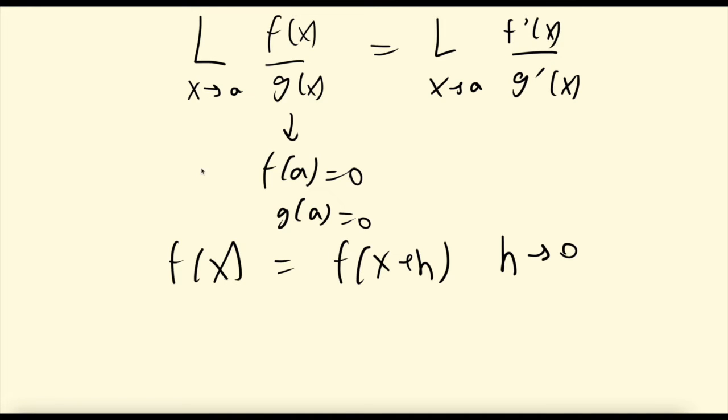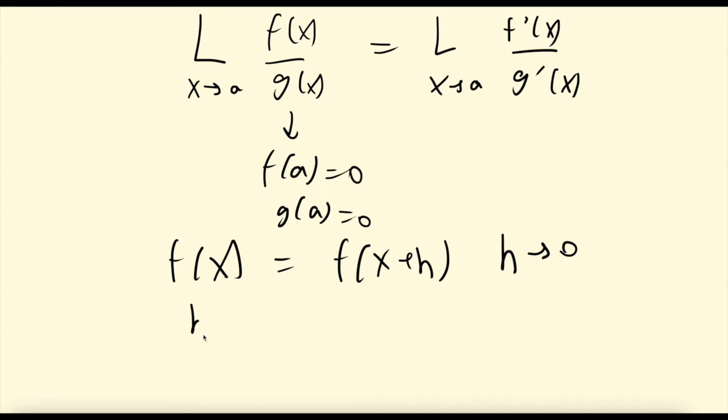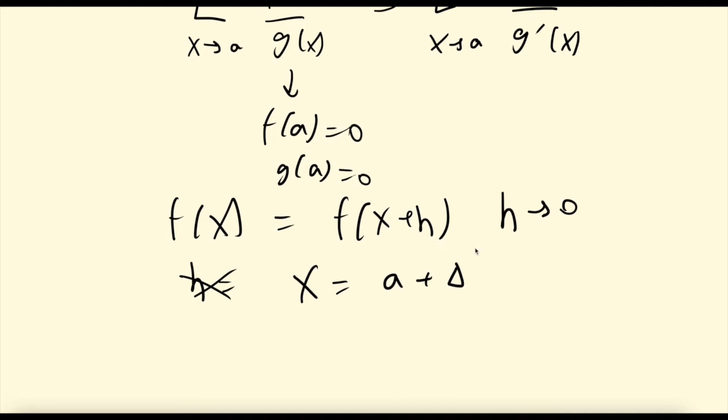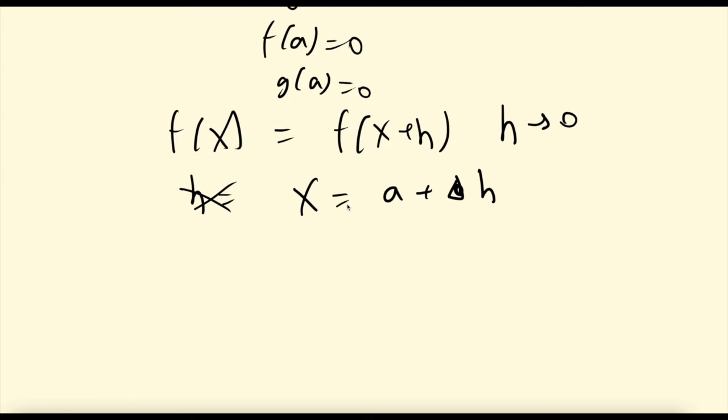If you look at the limit as x tends to a, x is not exactly a. x is basically a plus delta, where delta tends to 0, or in this case we can just call it h because I prefer h, but we can give it any variable.